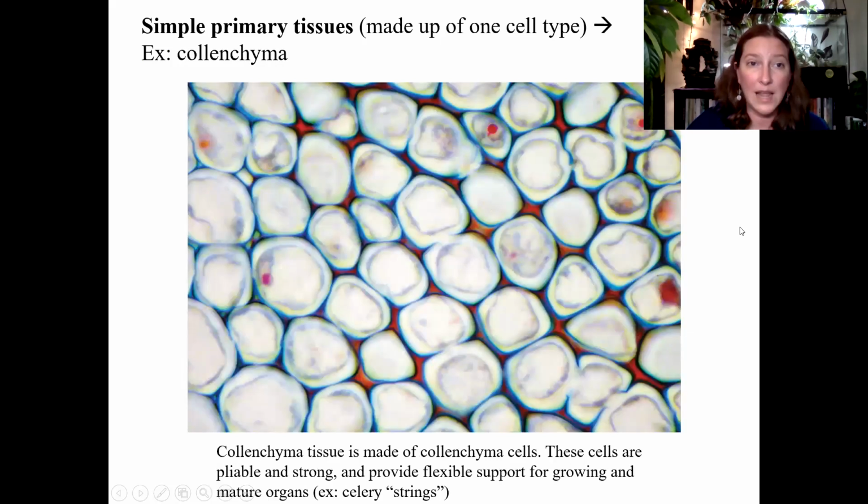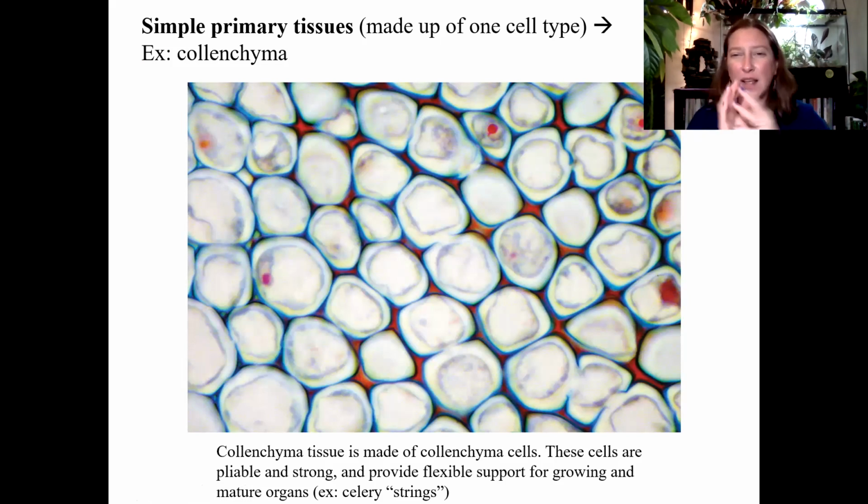Then you have collenchyma tissue, right? And also nice, collenchyma tissue is made up of, you guessed it, collenchyma cells. And collenchyma cells are kind of stretchy. So here it says pliable and strong.